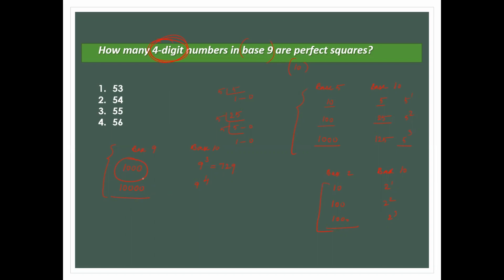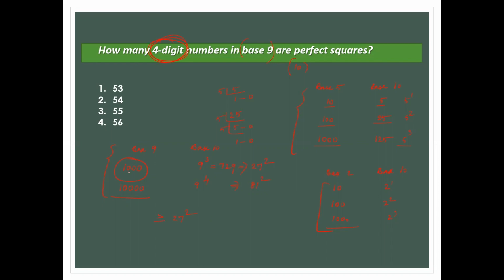Correct? So the 4-digit numbers, we are looking only for the squares. So can I write 729 in terms of a square? This is 27 square, correct? And this is nothing but 81 square. So the 4-digit numbers in base 9 that are perfect squares obviously should be greater than or equal to 27 square.